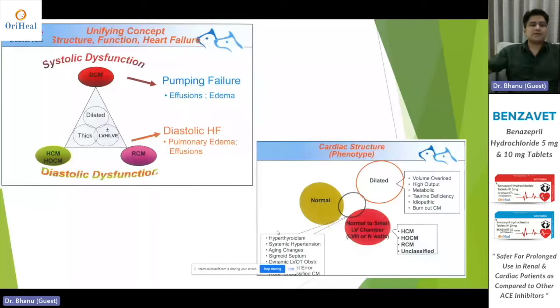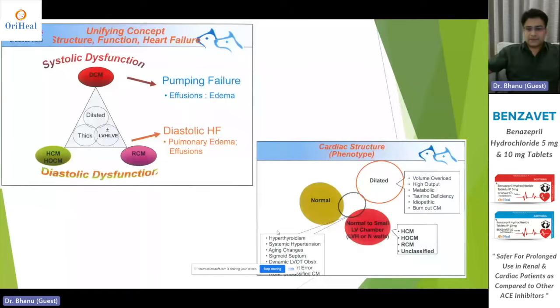When we are talking about HCM or HOCM and RCM, these are diastolic dysfunctions of the heart, and they will cause characteristic signs of diastolic heart failure. And in diastolic heart failure, again, we can have pleural effusions, we can have pulmonary edema.